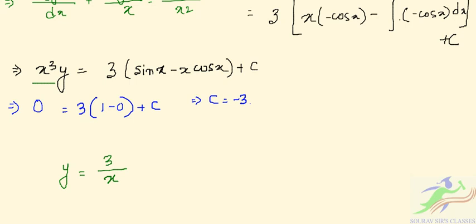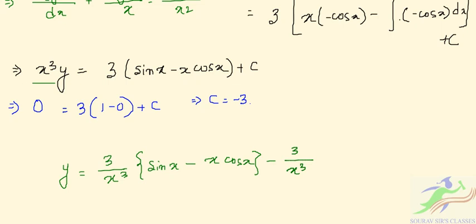So it will be 3 of sin x minus x cos x, minus 3, all divided by x cube, that is minus of 3 by x cube, right?